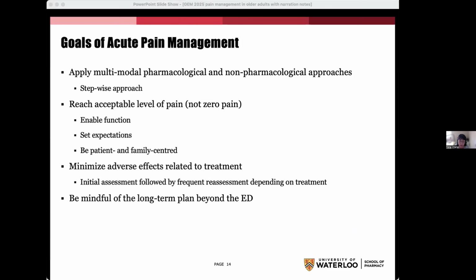We know that iatrogenic harm is a real thing, and medication-related emergency visits is significant. So always keep that in mind for the older adult. Since pain treatment is often continued post-discharge, it will also be important to think about the treatment plan with the life beyond the ED in mind.